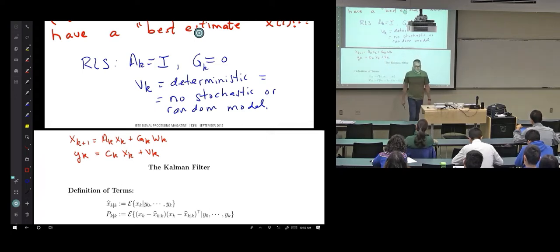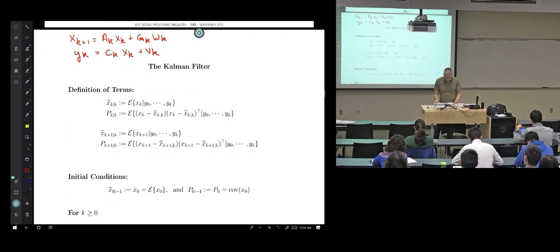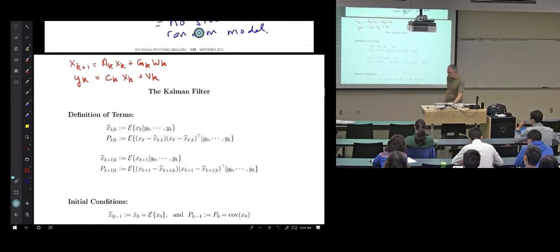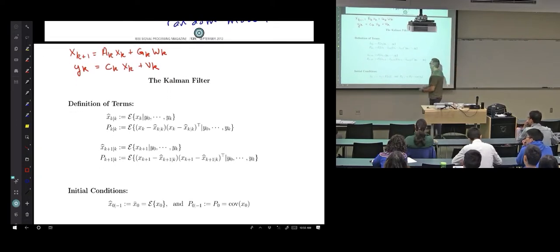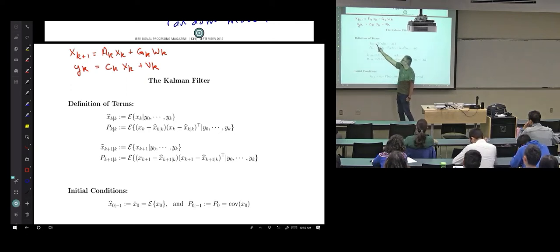And based upon that, this is the cool thing that we will do. We will find the best estimate of x at time k given all the measurements up to time k.